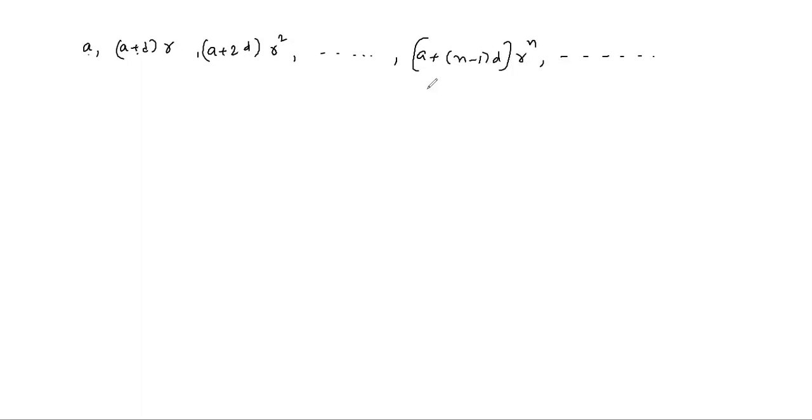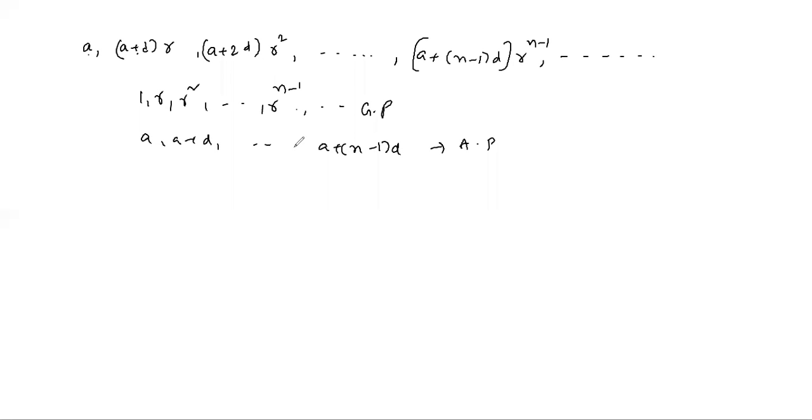Here the first terms A, A plus D, and so on, A plus n minus 1 into D are in AP. The R, R square and so on, R power n minus 1 are in GP. So the combination of AP and GP series is called AGP series.